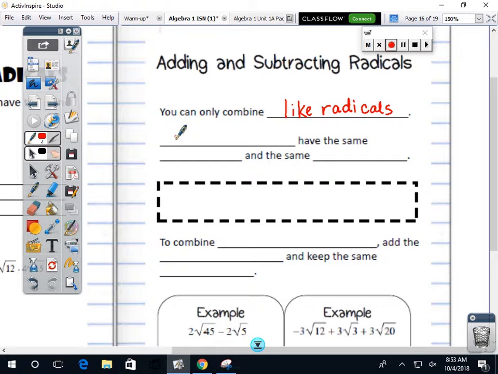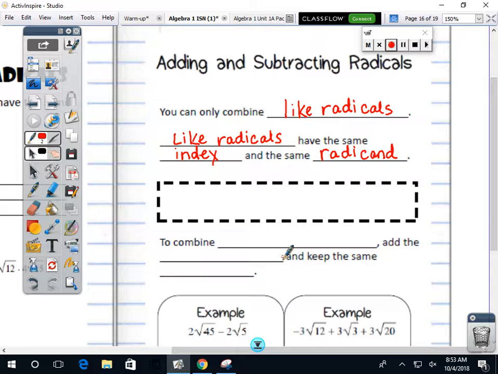Okay, and like radicals have the same index. So like they're both a square root or they're both a cube root, which means they have the same index. And they have to have the same radicand, which is that number on the inside of the radical symbol.